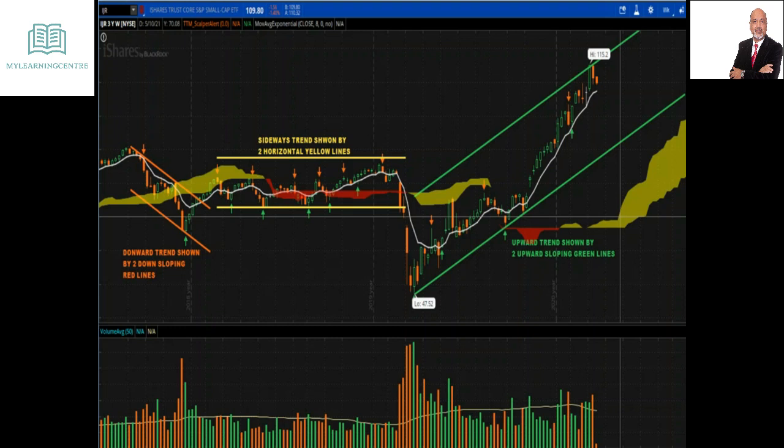In the middle, you will see two horizontal yellow lines that show that the ETF at this time period is in sideways movement. And then you see two green upward sloping lines on the extreme right that show that at this point the ETF is in an upward trend.